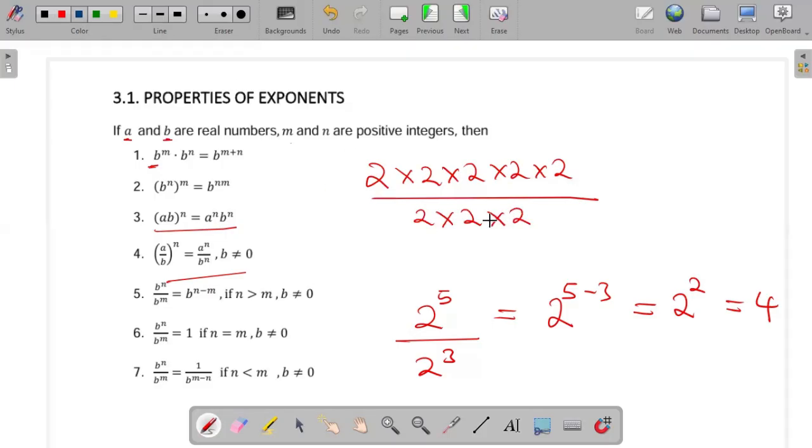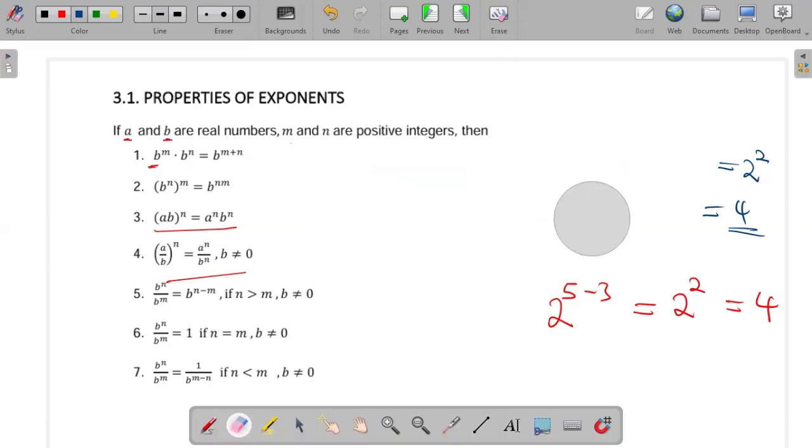Now if I start canceling out, this one goes with this one, this one goes with that one, this one goes with that one. What I remain with in the numerator is 2 multiplied by 2. And 2 times 2 is just 2 to the power 2, and this gives us 4. So this proves the property. Okay, let's go to the next one.